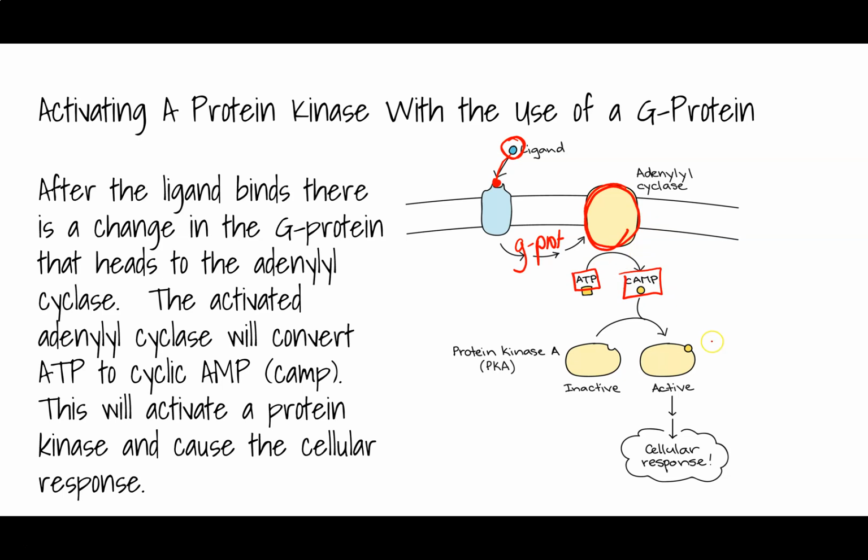And what you're going to notice here is this is going to happen a lot over and over again. There's going to be a protein kinase. You're going to be turning on steps. Also along the way, this is going to amplify. And that is important. More and more and more until finally, there's your cellular response. So there's your reception, there's your transduction, and there's your response.